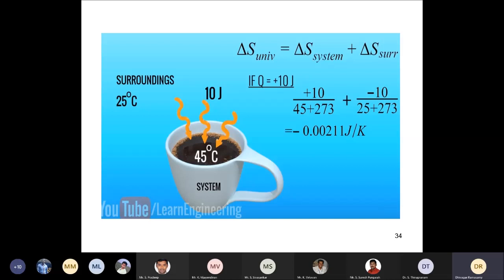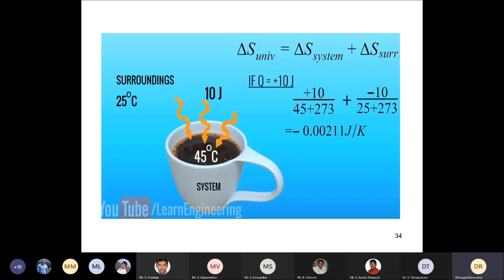So the entropy equation is change in entropy equals Q divided by T. That is the Clausius inequality equation. So I'm giving values in that equation. The coffee cup is absorbing heat, Q equal to 10 joule. 10 divided by temperature 45 plus, changing it to Kelvin, 273, plus the surroundings.